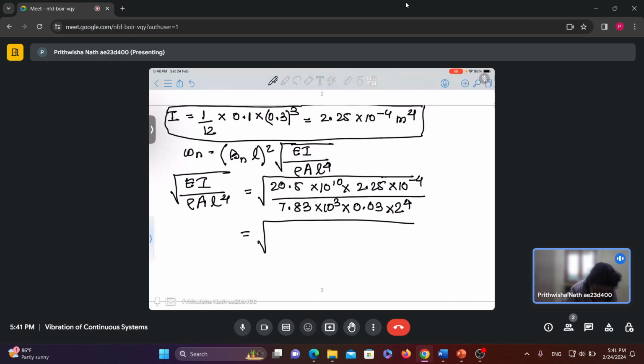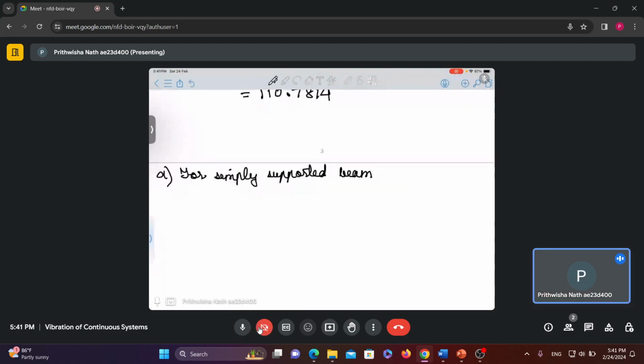Now we know that for simply supported beam, beta n L equals n pi.